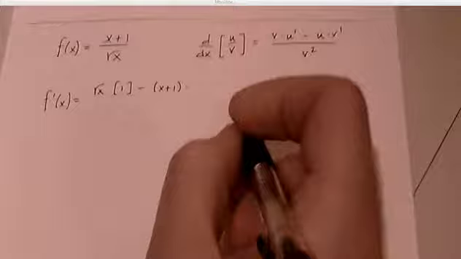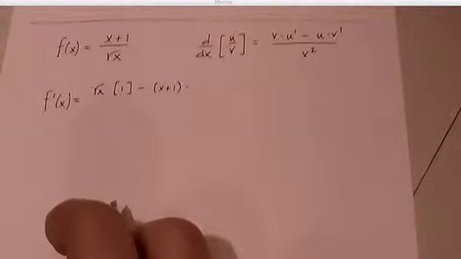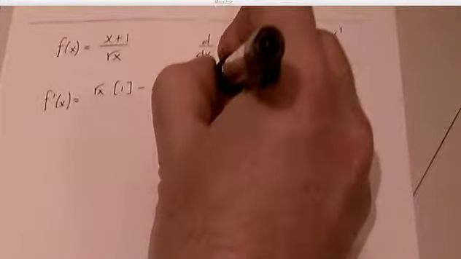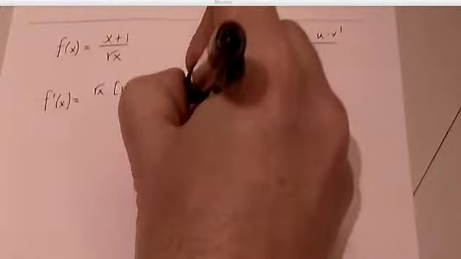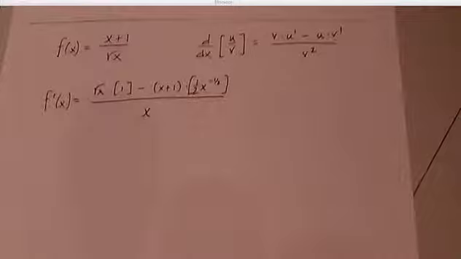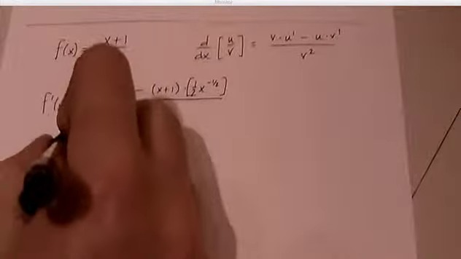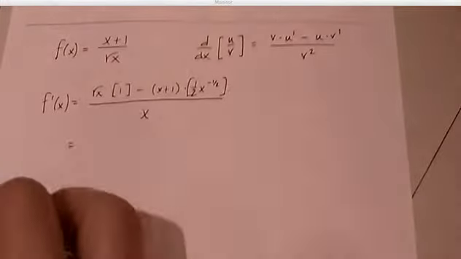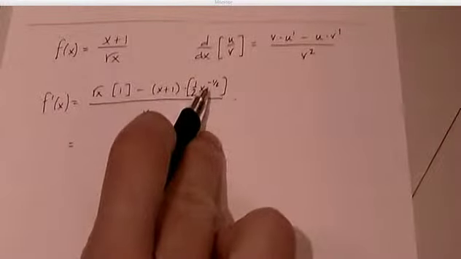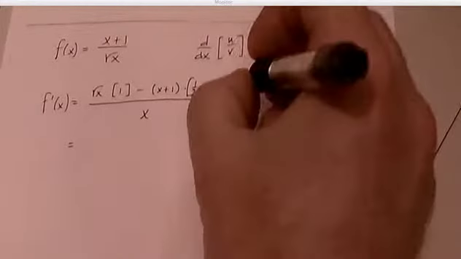And of course, to take the derivative of root x, you must conceive of it as x to the 1/2. So you have 1/2 x to the negative 1/2. Put it in brackets to remind myself that that's the derivative of one of the factors. And then the square root of x squared is just x. Now, we need to simplify this, because that negative exponent implies a complex fraction.